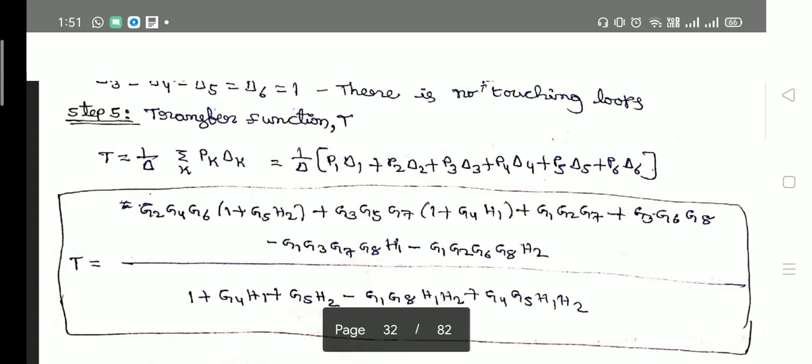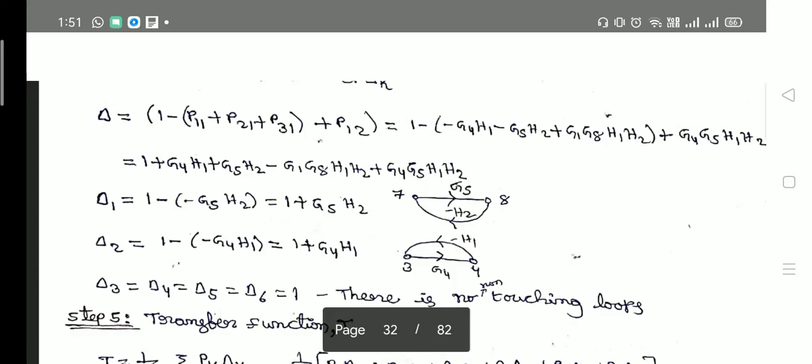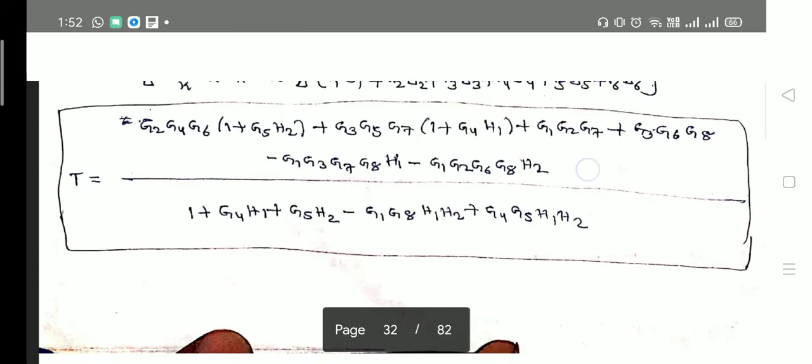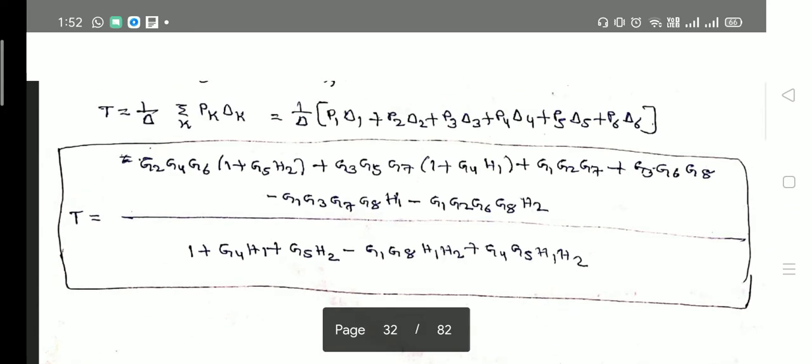These are P1 delta 1, P2 delta 2, P3 delta 3, P4 delta 4, plus P5 delta 5 plus P6 delta 6. We substitute all those values. Then the delta value we also find here, and we can substitute it here. That is the transfer function of the system.